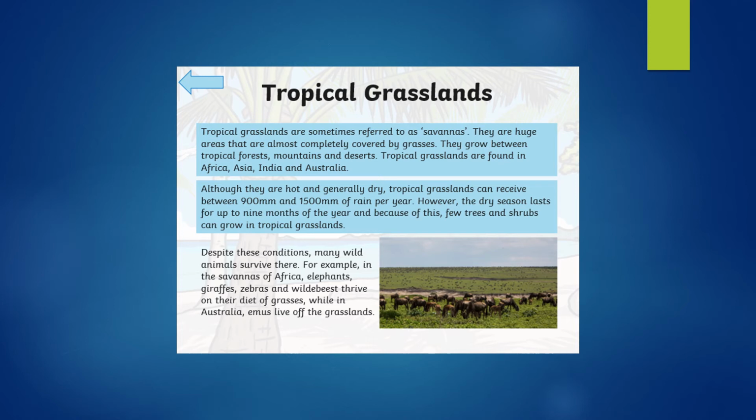However, the dry season lasts for up to 9 months of the year, and because of this, few trees and shrubs can grow in tropical grasslands. Despite these conditions, many wild animals survive there. For example, in the savannas of Africa, elephants, giraffes, zebras, and wildebeest thrive on their diet of grasses, while in Australia, emus live off the grasslands.